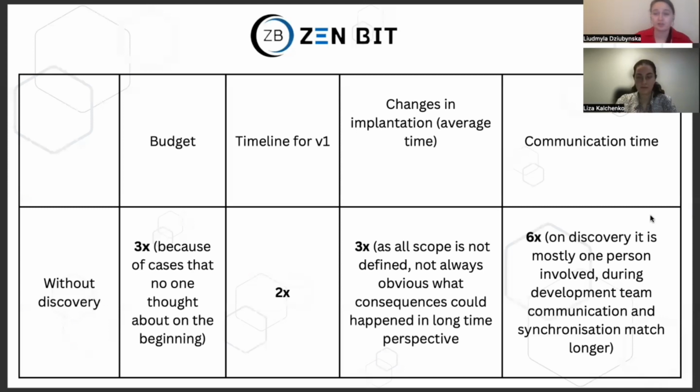And communication. Communication is really a disaster without discovery. Because during discovery, in our case, it's the BA and the customer. Sometimes I connected, sometimes somebody from the tech team connected, but in most cases it's two people. So it's quite time saving.